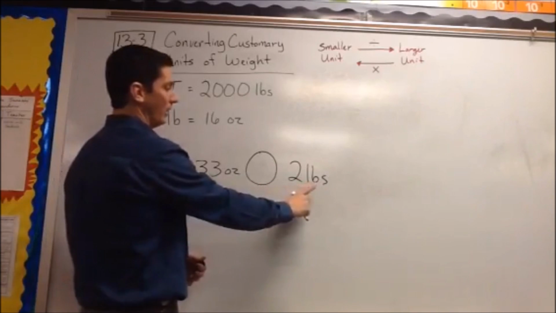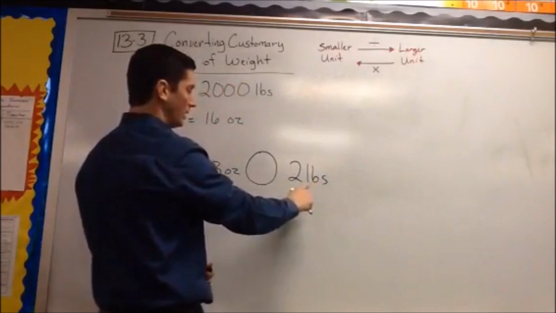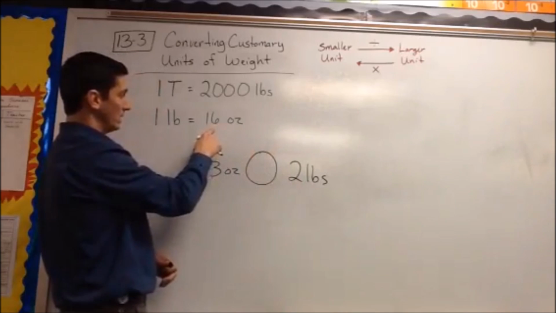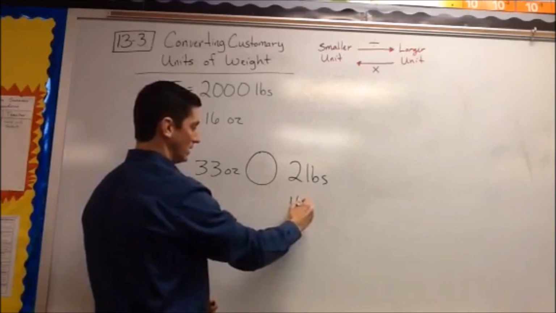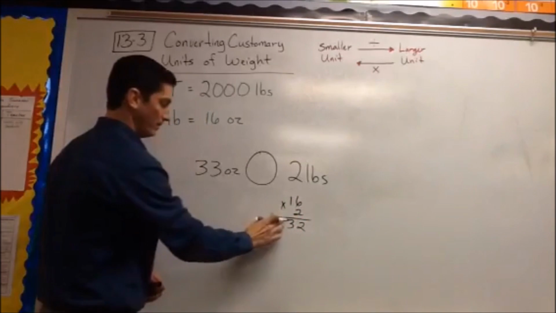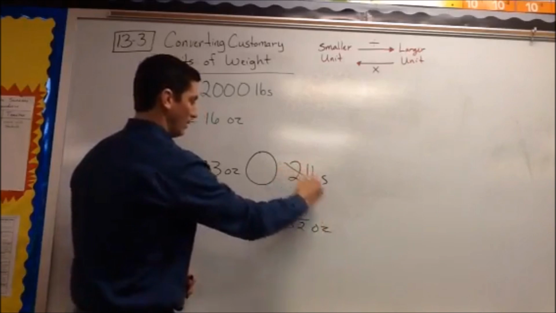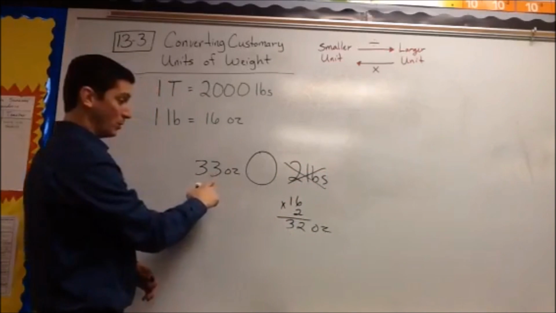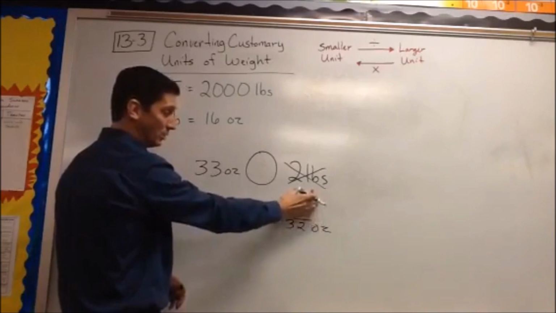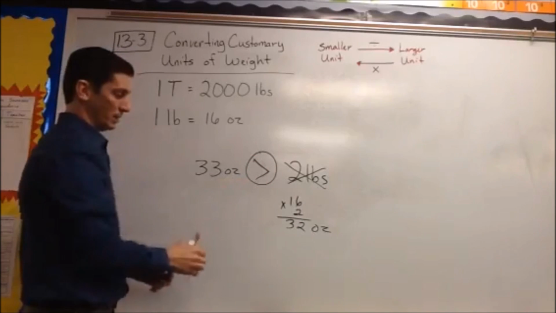If I have a larger unit and I want to change it to a smaller unit, I multiply. So I need to ask myself, how many ounces are in 1 pound? There are 16 ounces in 1 pound. So I'm going to take 16 times 2, and that's going to give me 32. So now I'm really comparing 32 ounces to 33 ounces. We've already converted it to ounces. 32 ounces is 2 pounds. Which is bigger? There's the inequality, the greater than sign.